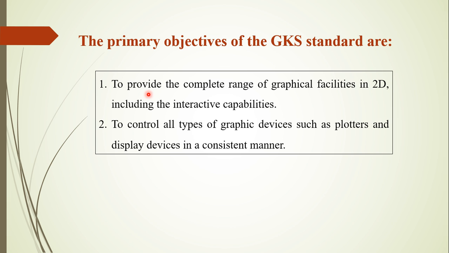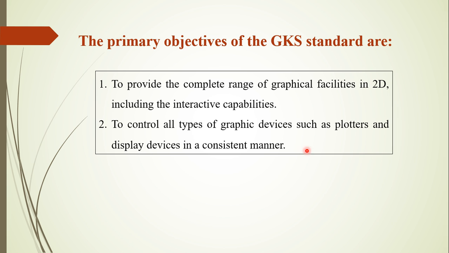That is, to provide major drawing facilities, major image creation and image construction facilities, and it is stated precisely in 2D, and to control all types of graphic devices such as plotters, display devices, etc.